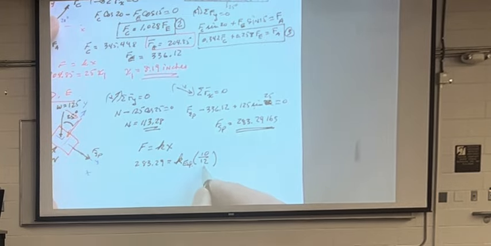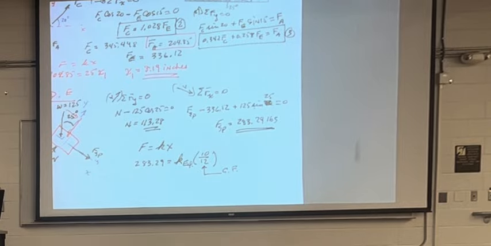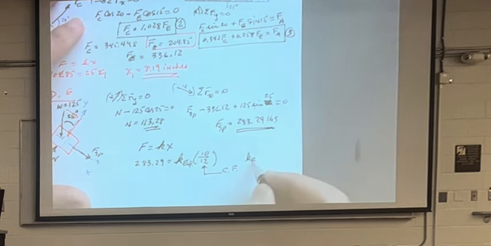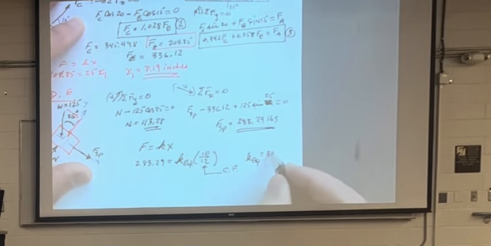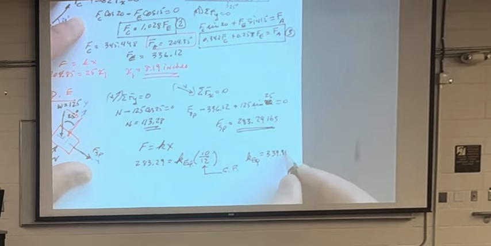I don't know why I converted, because I could have used the pounds per inch instead. That's a conversion factor, 1 foot is 12 inches. I did convert, I didn't have to, but I did in this case. So I got K equivalent of springs 2 and 3 to be equal to 339.948.